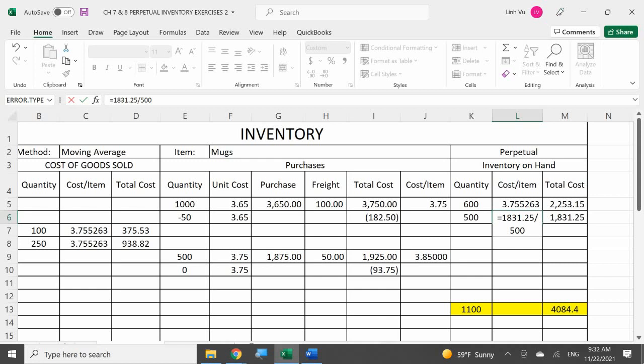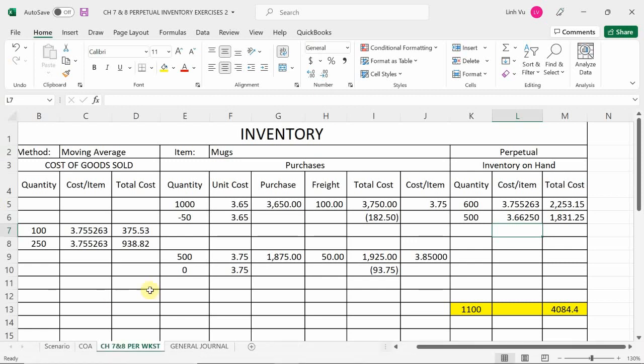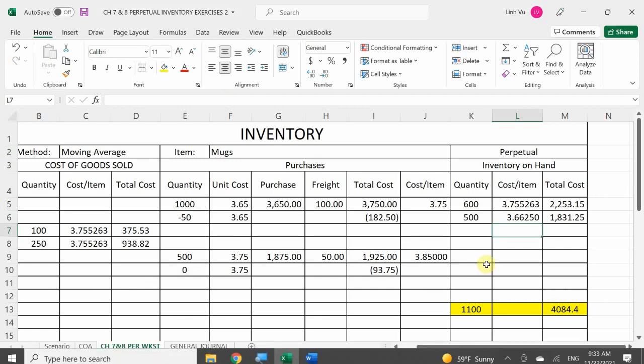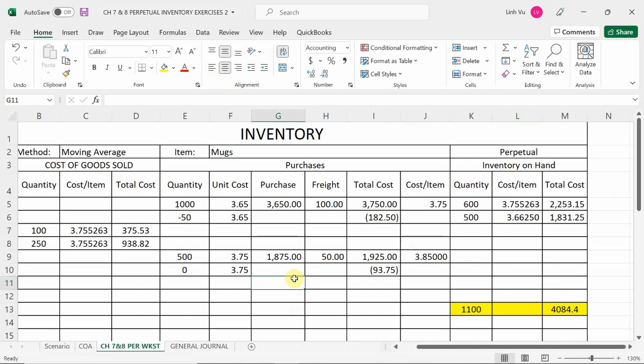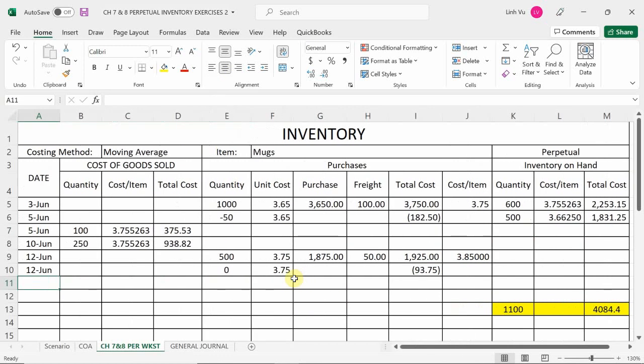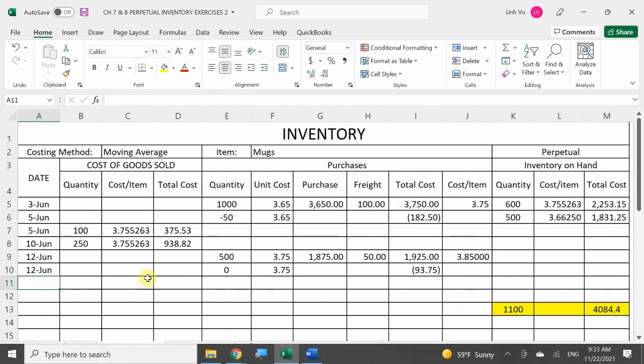It's going to be 366.25. It dropped by a lot. Okay. So there we have it. The number that we're looking for on the returns is $93.75 each.